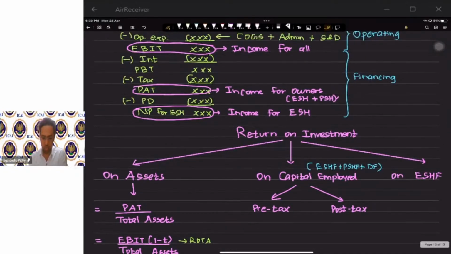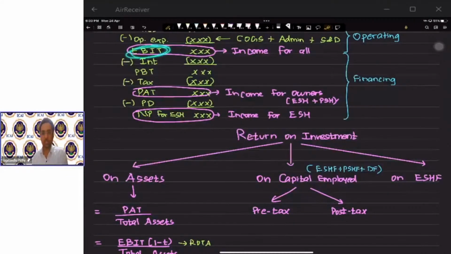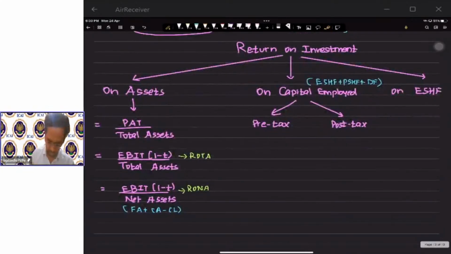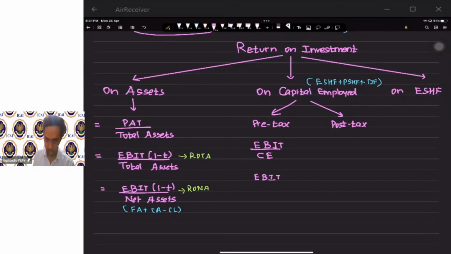We know that EBIT is the income which is generated for all the providers of funds. And for that reason, the pre-tax return on capital employed is EBIT upon capital employed, or you can say EBIT upon owned funds plus borrowed funds.